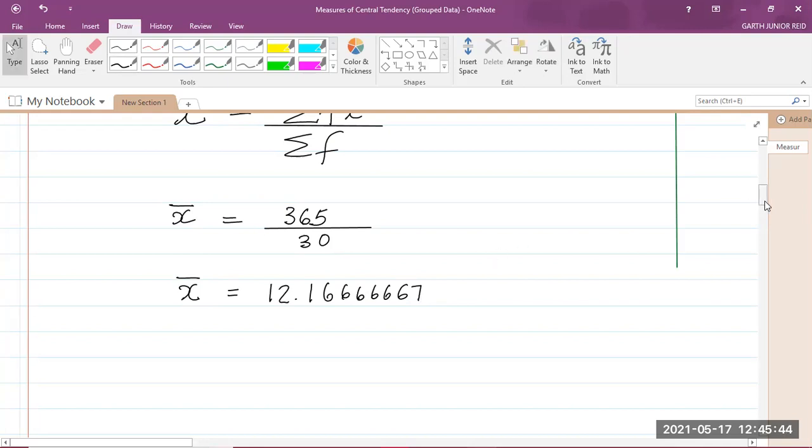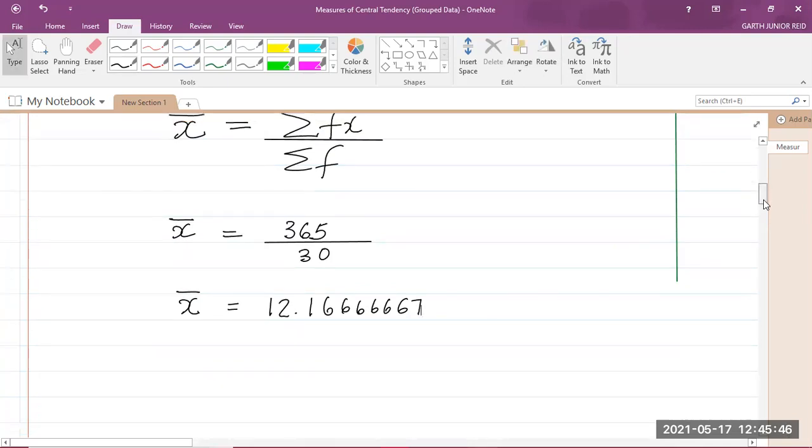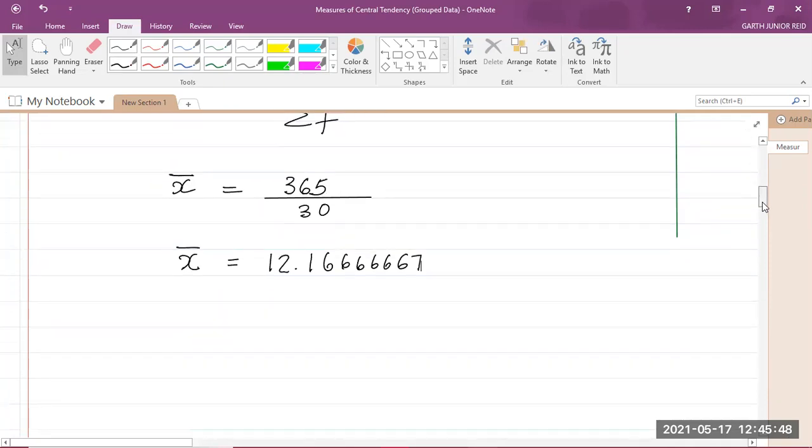Now in the CAPE examination, it states at the front of your exam booklet that if your answer is not exact, it should be rounded off to 3 significant figures. All right, I'm going to write this answer to 3 significant figures, which is going to give me 12.2.